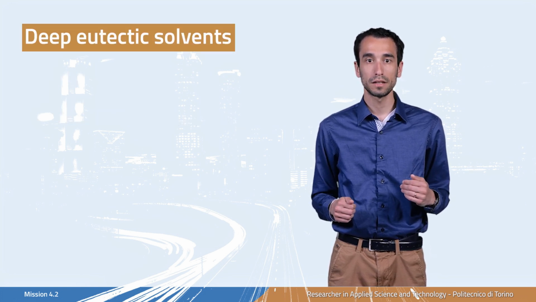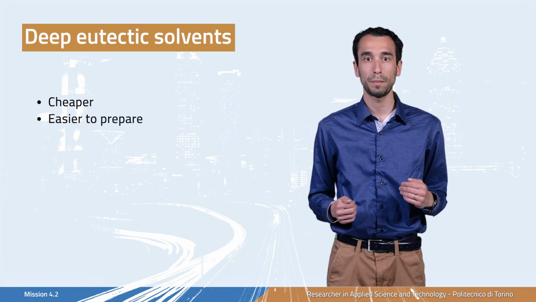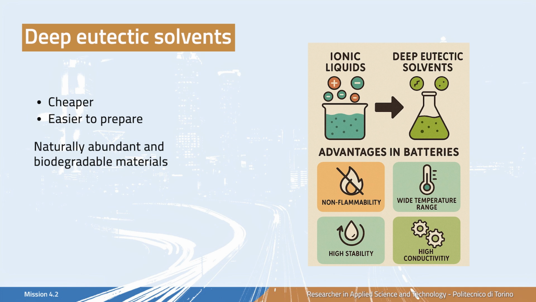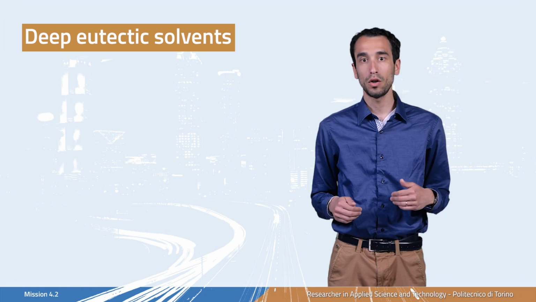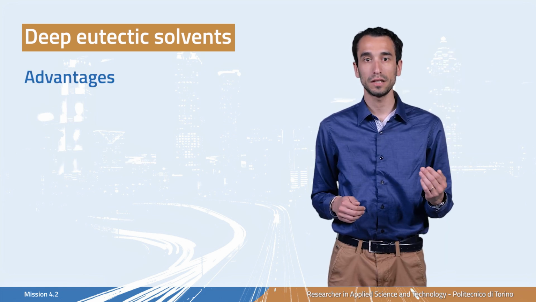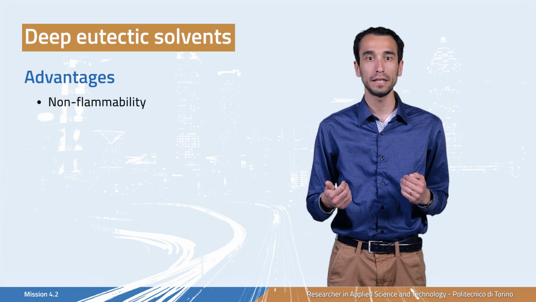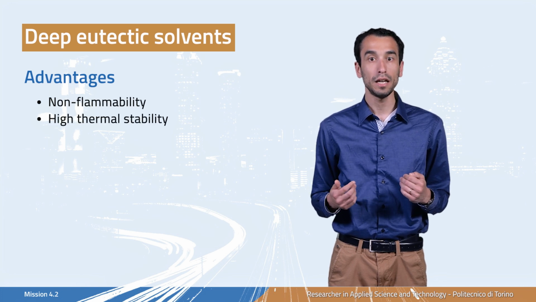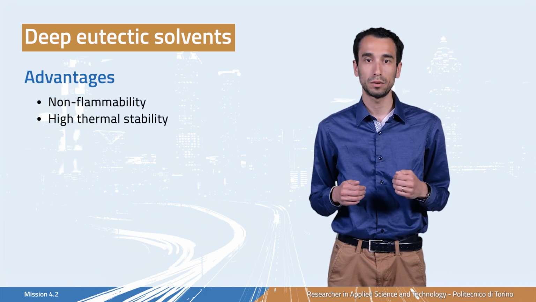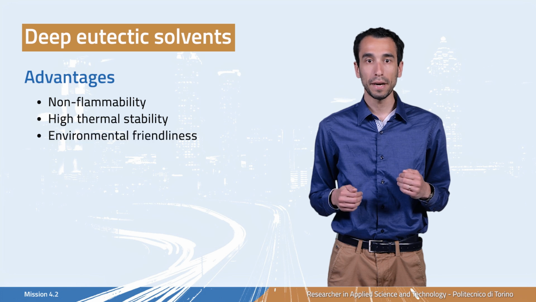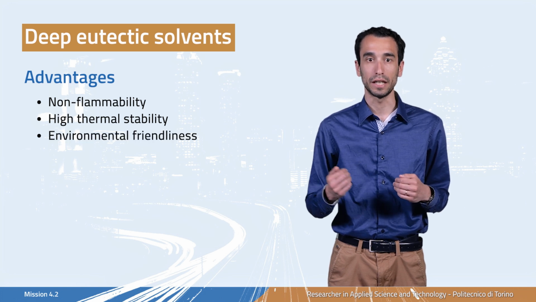On the other hand, deep eutectic solvents are cheaper and easier to prepare than ionic liquids, since they are made from naturally abundant and biodegradable materials mixed together without requiring complex purification steps. They also offer great advantages in terms of non-flammability, high thermal stability up to 200 degrees without decomposition, and environmental friendliness in case of leakage.